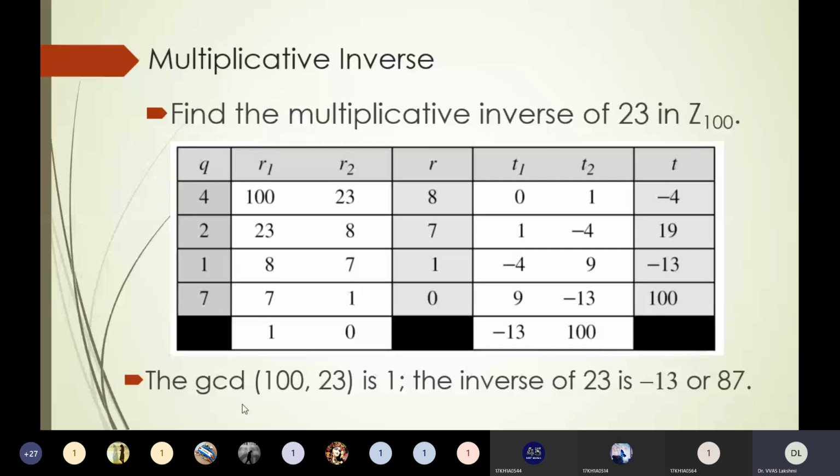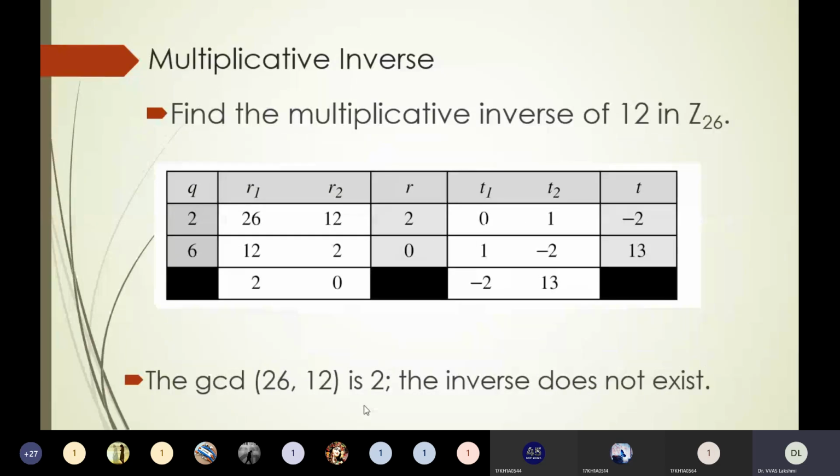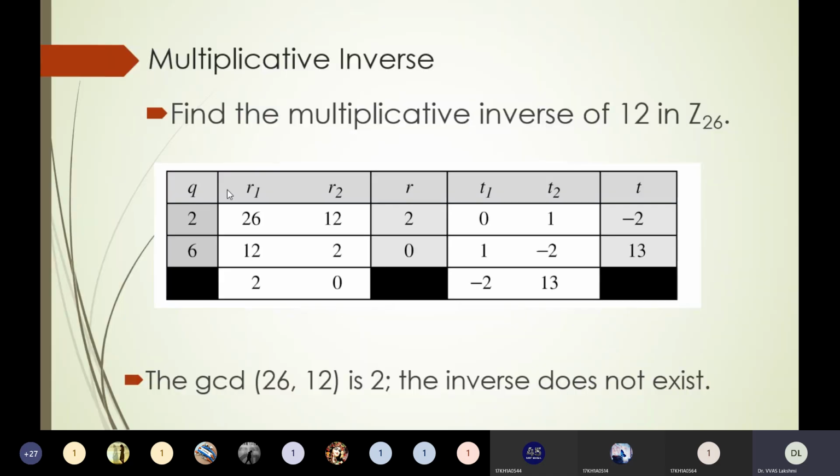So yesterday we discussed multiplicative inverse and additive inverse. Here, what is additive inverse? Whenever a plus b is congruent to 0 mod n, this is the formula for additive inverse.